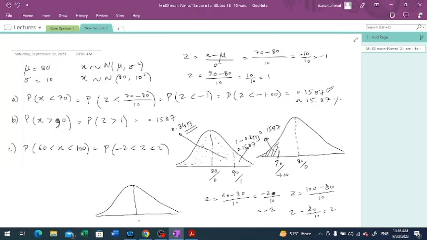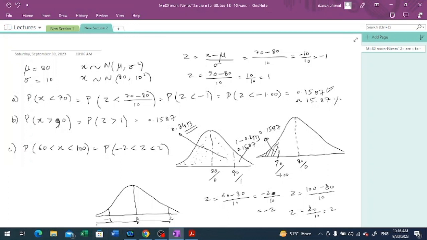This is x equals mu, whereas z equals 0 over here. When we indicate the +2 borderline, it should be located here. The -2 borderline should be located here. So when we refer to the z table for +2, it would give the entire area from the left extreme to this borderline.